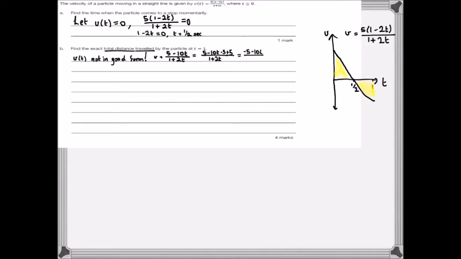Now, the reason why I've done this is to manipulate my function a little bit, and you'll see what it does. I'm going to collect the minus 5 with that minus 10t. And what's left is just the plus 10 from the two positive 5s. And now I factorize this negative 5 out, and I've left it with a bracket factor that's the same as the denominator. Now it's very good because I've got a common factor that I can cancel.